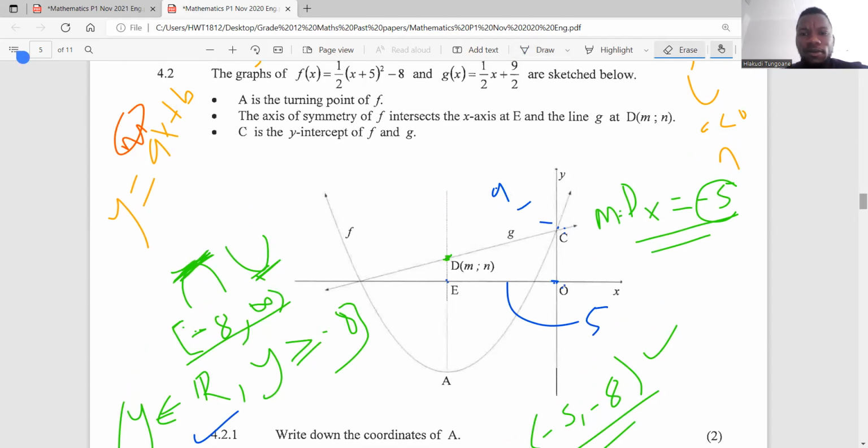So it's 9/2, this length OC. Now, what's the length of DE?